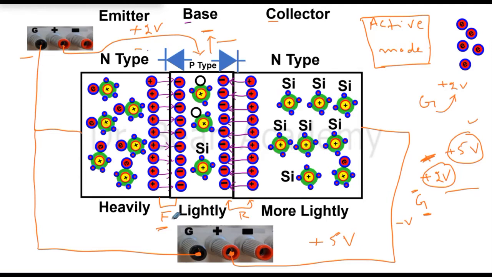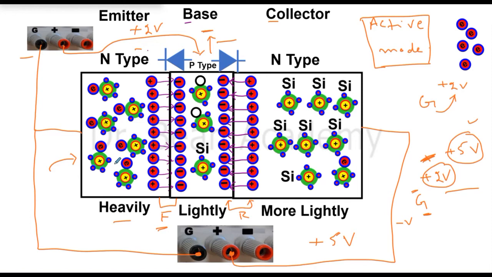So never think like we want to make the emitter base junction reverse and the base collector junction forward. Never think like that, because we don't want to use it in that way. The reason is that we have reserved this region, which I am calling the emitter, and it is heavily doped. It means it has a lot of free electrons.